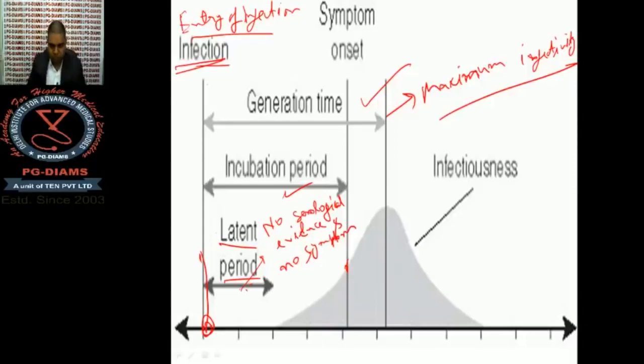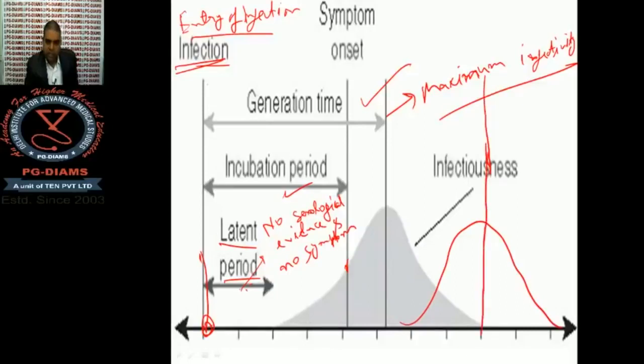Okay, now what is serial interval? Suppose here one patient gets infected, and again one more bout of patients gets infected. So this will be the serial interval. The duration between maximum infectivity of two diseases is serial interval. The duration within which the disease is transmitted.